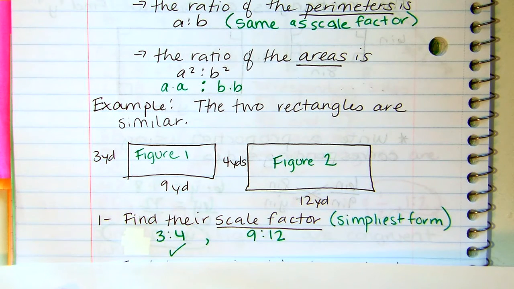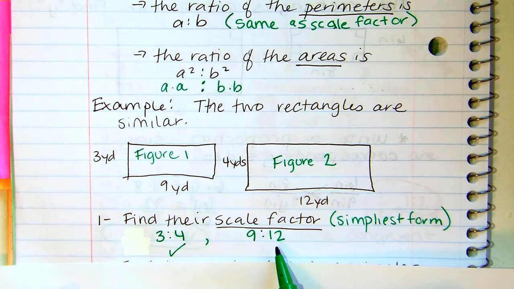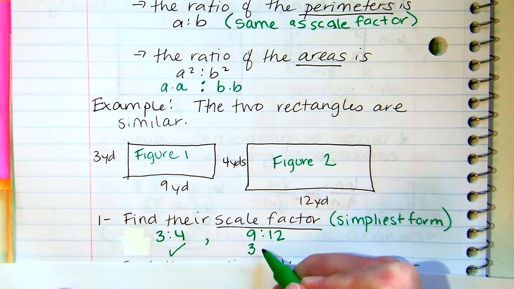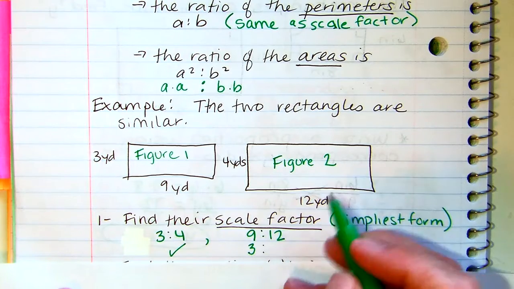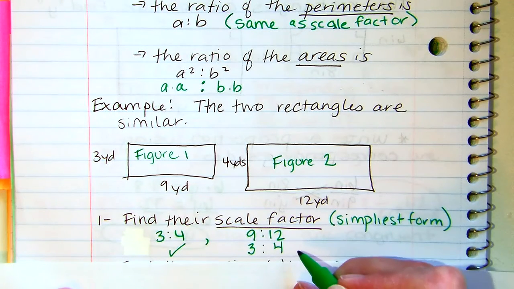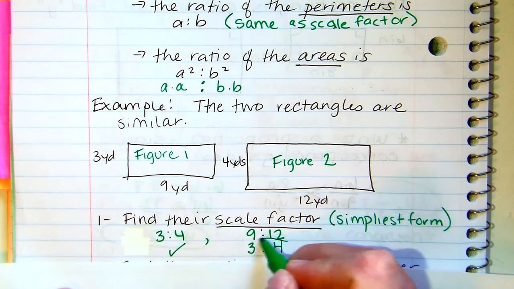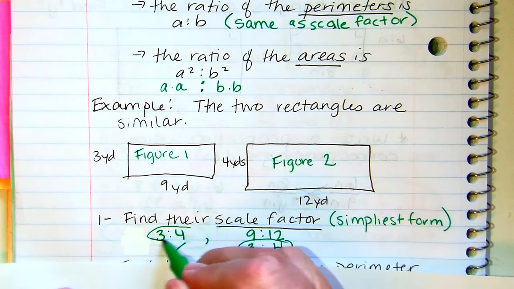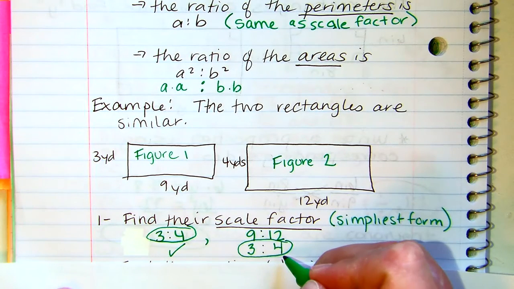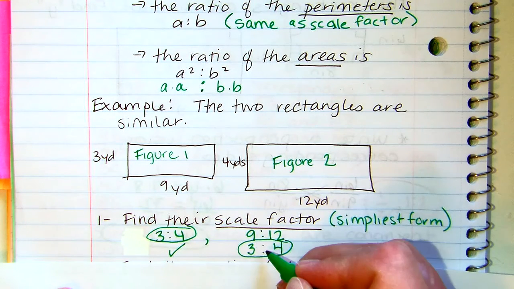But my 9 to 12 is not, so we are going to simplify that. 3 can go into 9 3 times, and 3 can go into 12 4 times. So we get 3 to 4. Because these are the same, our scale factor is going to be 3 to 4, so 3 colon 4.